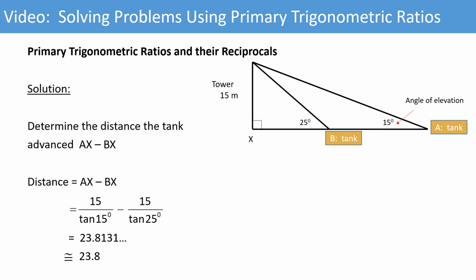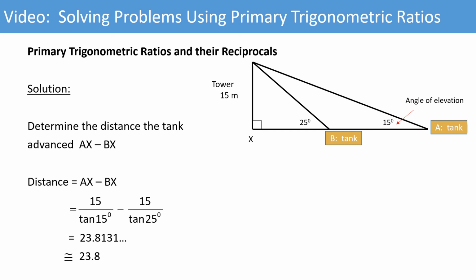Now, to determine the distance the tank advanced, you will take the distance AX and subtract the distance BX. So AX, we said, is 15 divided by the tan of 15 degrees. Subtract the distance of BX, 15 divided by the tan of 25.